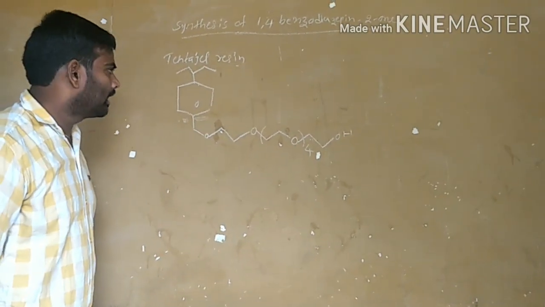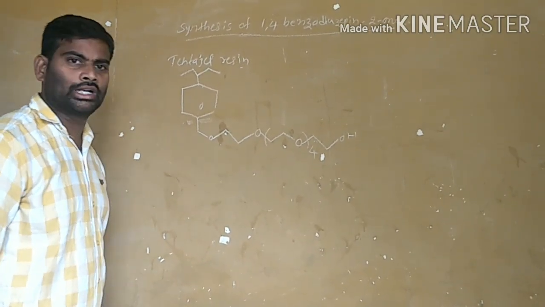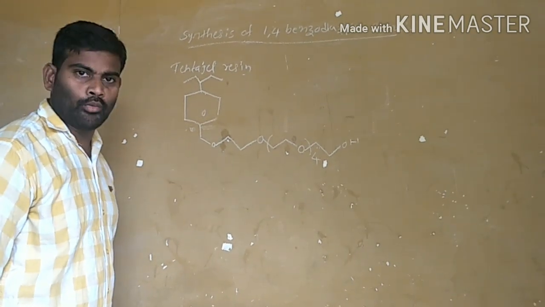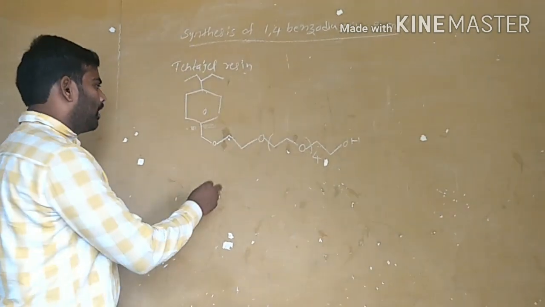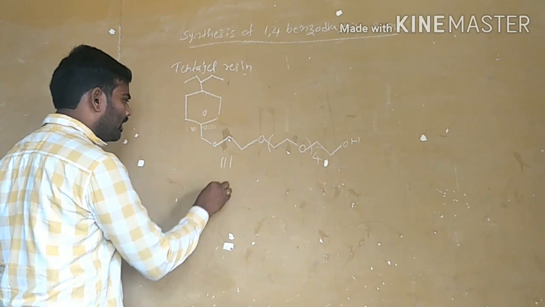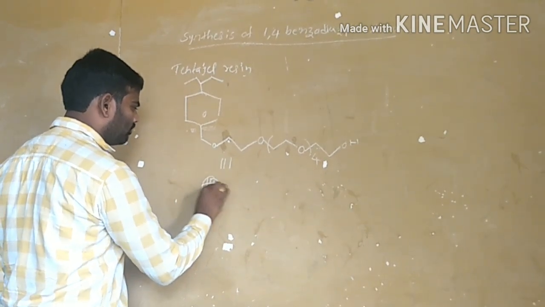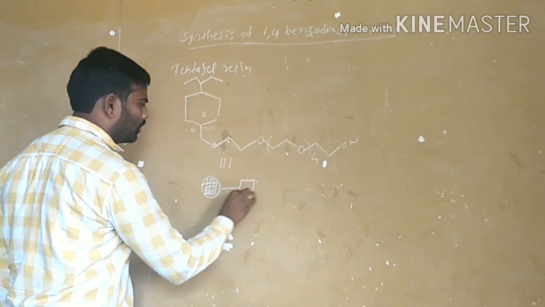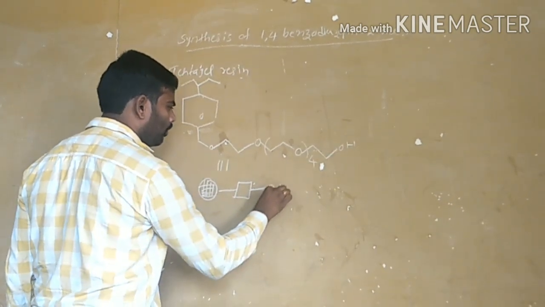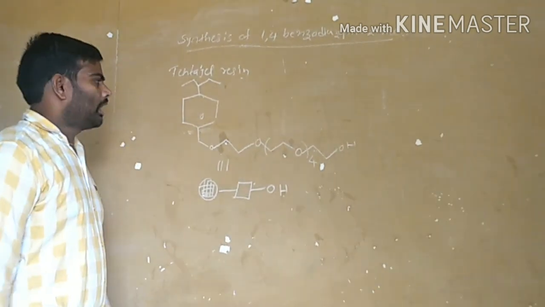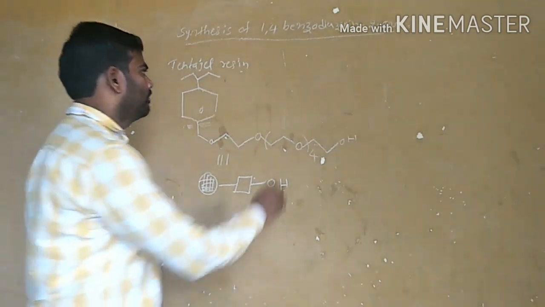The polyethylene glycol is attached to the cross-linked styrene molecules, and this tentagel resin we can simply write as a bead; the active functional group will be a hydroxyl group.